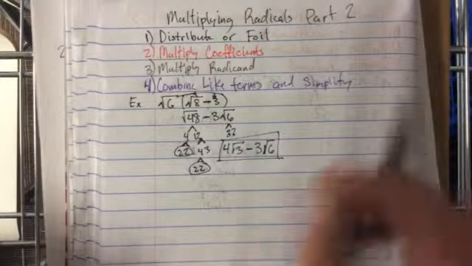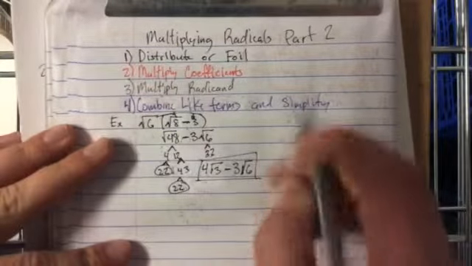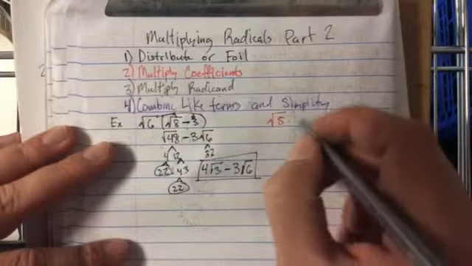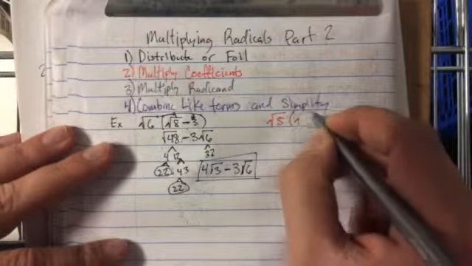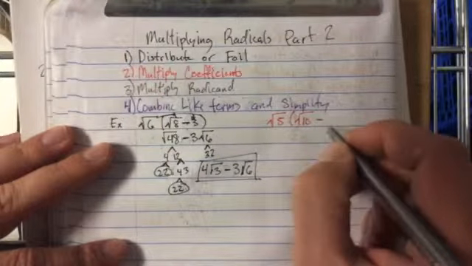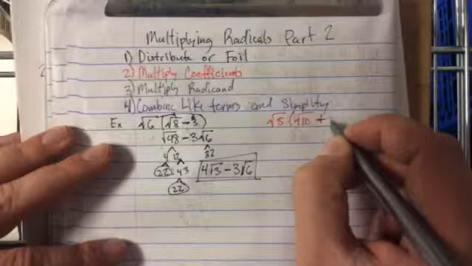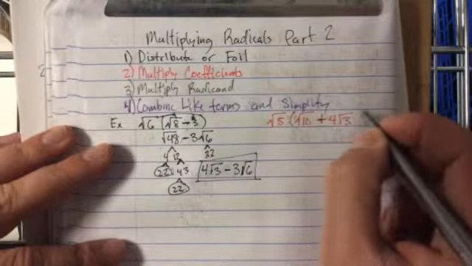If we were to do another example, let's say we had the square root of 5 times the square root of 10 plus 4 square root of 3.